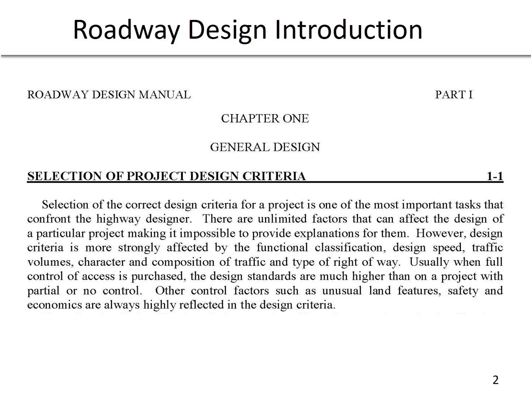However, design criteria is more strongly affected by the functional classification, design speed, traffic volumes, character and composition of traffic, and type of right-of-way. Usually when full control of access is purchased, the design standards are much higher than on a project with partial or no control. Other control factors, such as unusual land features, safety, and economics, are always highly reflected in the design criteria.